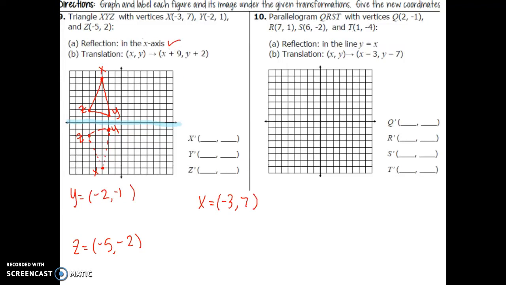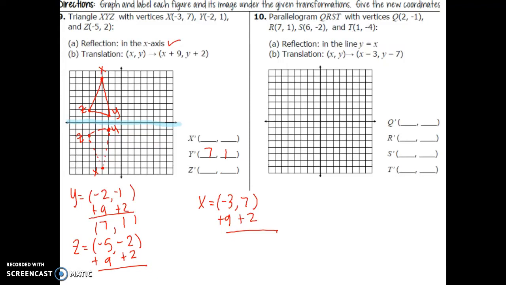And now we have to do our translation. So to all our x's, I'm going to add 9. To all our y's, I'm going to add 2. So for my y, -2 plus 9, that's going to be a +7. -1 plus 2 is just a 1. So my new coordinates for y are 7, 1.